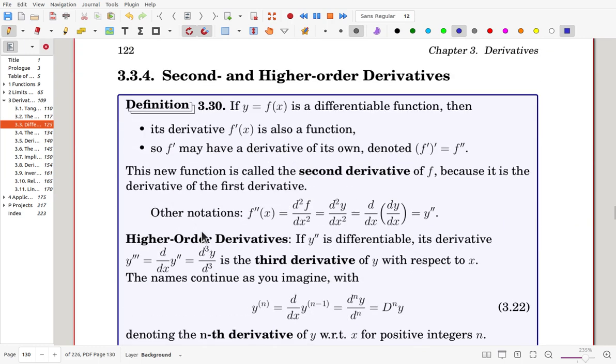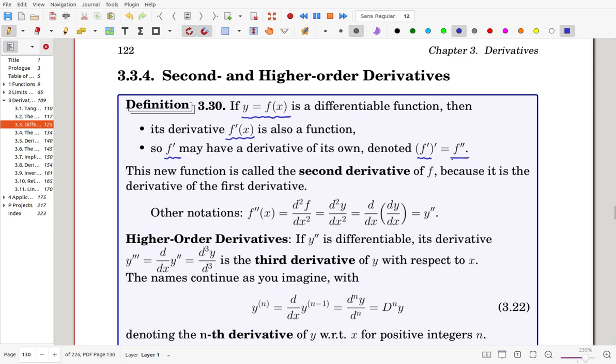Okay. Now we'll consider the second and higher order derivatives. Once y equals f of x is differentiable, the derivative f prime of x is also a function. Now f prime may have a derivative, and its derivative is f prime with one more prime.